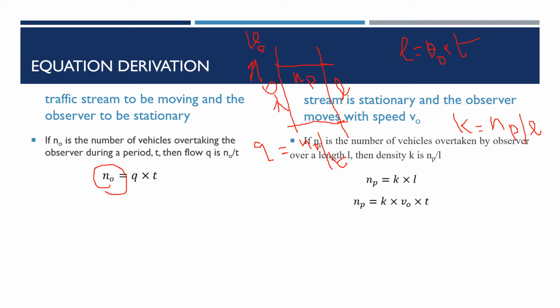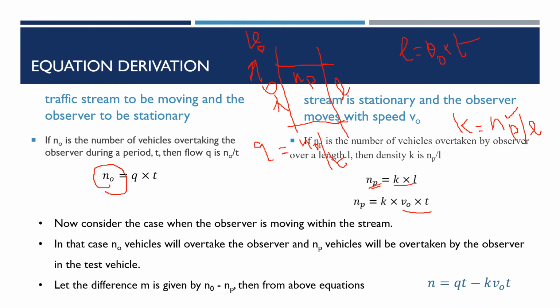You can write the equation for NP, the number of vehicles overtaken by the observer, as K into L, and L can be rewritten as V0 into T. Now we are going to combine both of these, and that is exactly what happens in the moving observer method, where the observer is moving within the traffic stream.